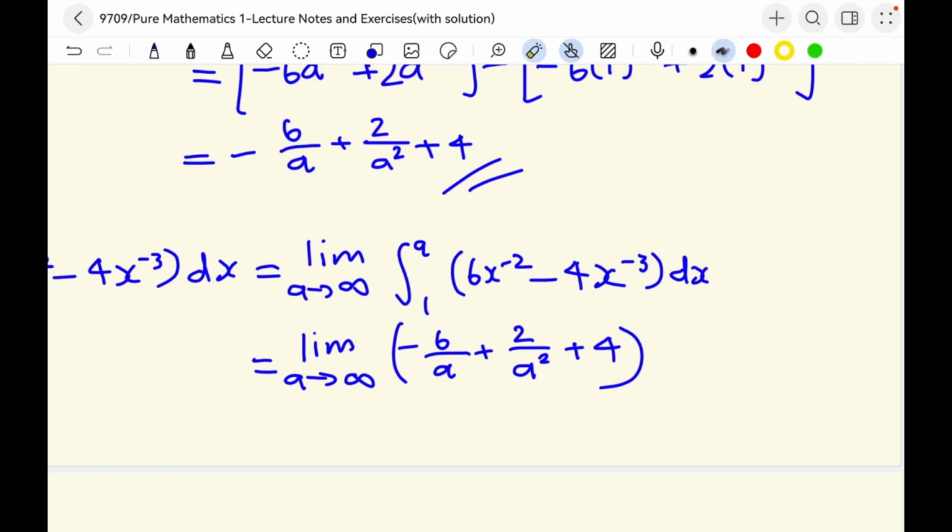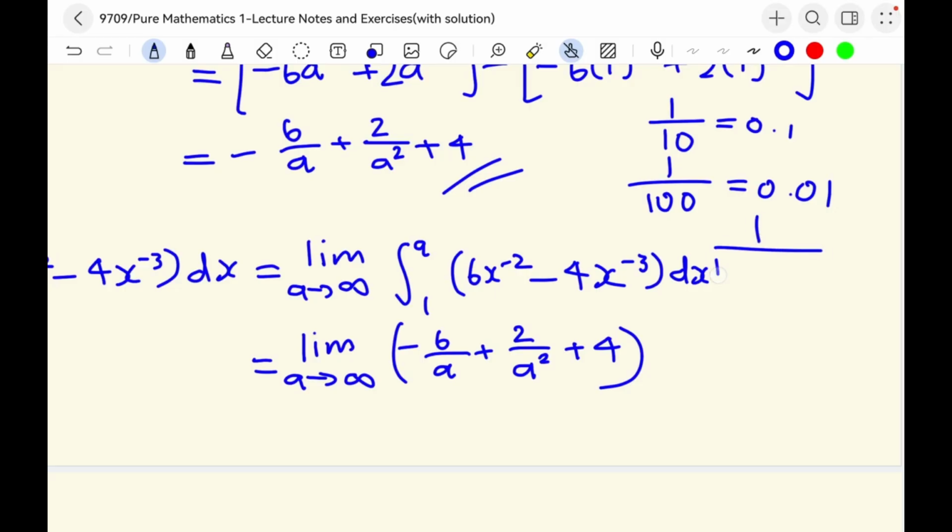As a goes to infinity, what value does the reciprocal 1 over a approach? It approaches 0. If a is 10, we get 0.1; if a is 100, 0.01.